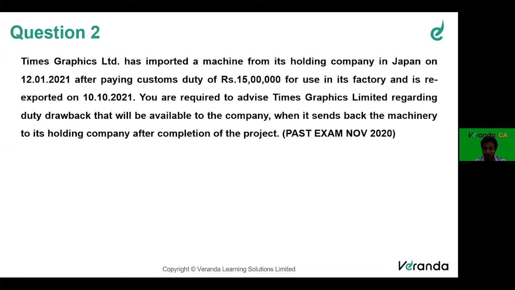Okay, Ravi, you want to? Yeah, sir. In this case, sir, if the company used that machinery, the provision says that from the import date to the export date, if it is within 3 months, then 95% is the rate of duty, and between 3 and 6 months, then 85%.